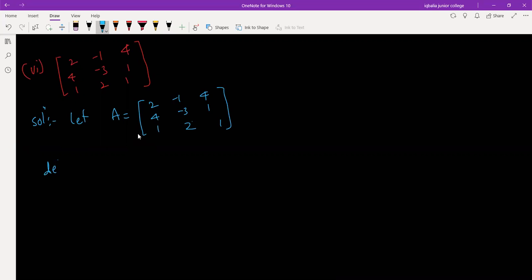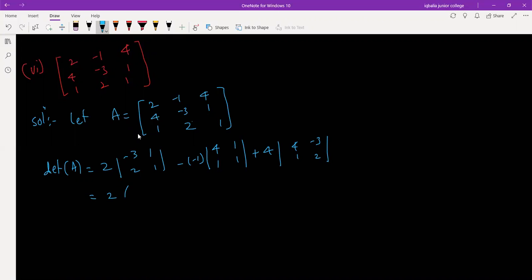So determinant A will be 2 into the minor of minus 3, 1, 2, 1, minus minus 1 into the cofactor 4, 1, 1, 1, then plus 4 into the cofactor 4, minus 3, 1, 2. So this will be minus 3 into 1 minus 2 into 1, minus minus will be positive.